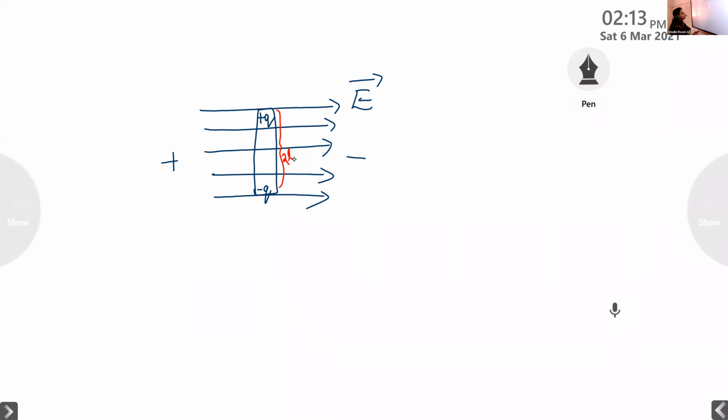Now, due to the presence of this negative charge, the plus Q charge in this dipole experiences a force. What is the force between this plus Q charge and this negative charge?